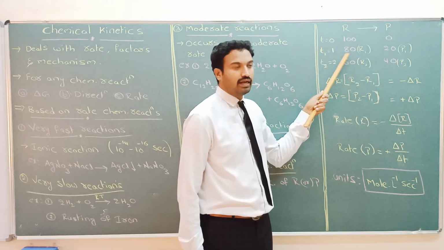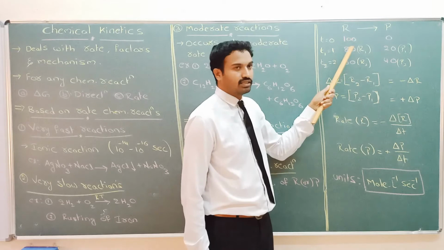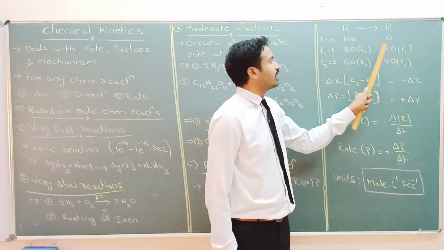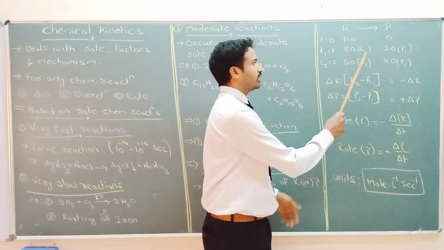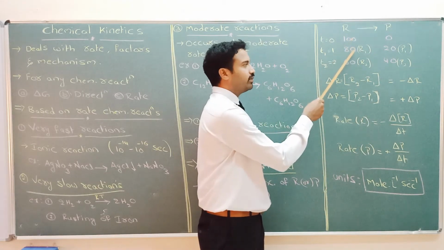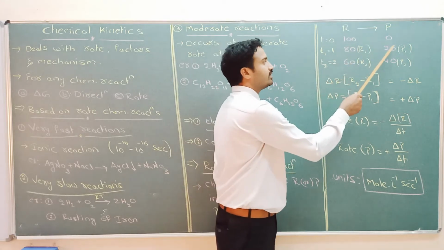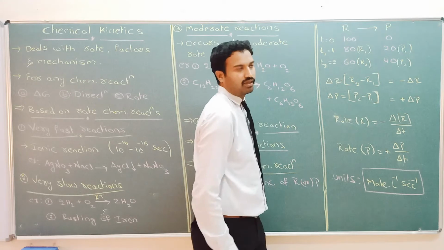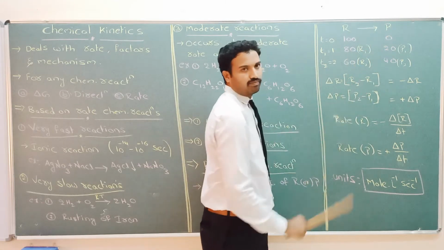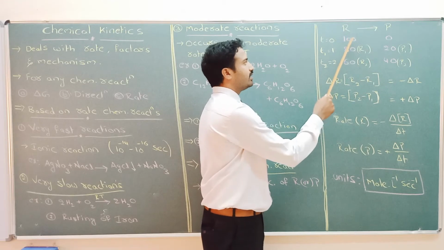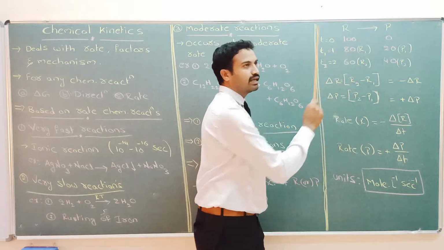So the concentration decreases from 100 to 80, and 20% is converted into product. Total is 100: reactant is 80 and the rest, 20%, is product. This is R1 and this is P1. At T1, reactant concentration is decreased and product concentration is increased.